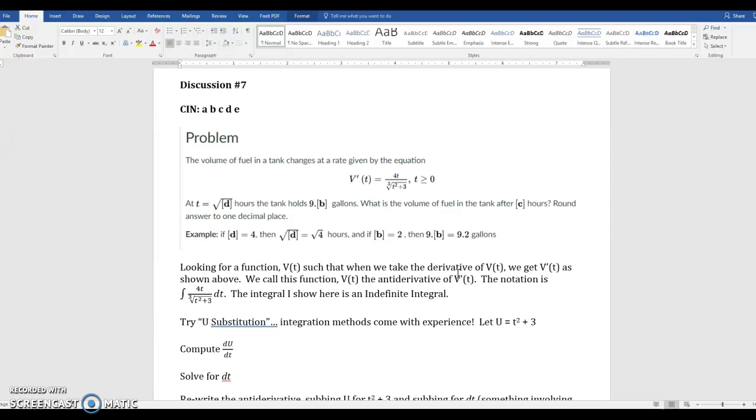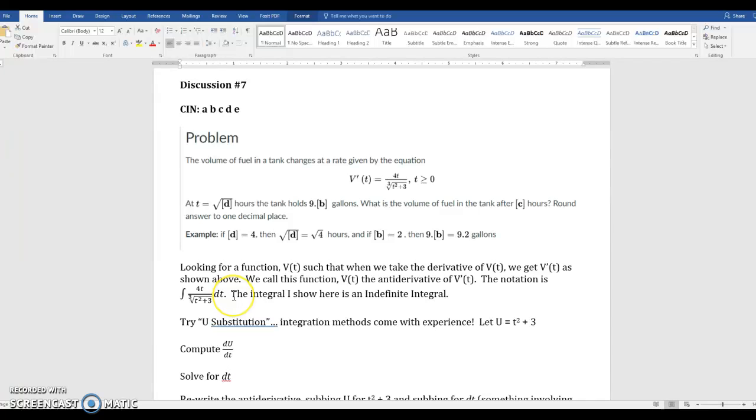I try not to confuse you here, but there is some new lingo. The notation to define it is this integration symbol. What we're going to do is integrate, or find the antiderivative of, 4t over the cube root of t squared plus 3. Notice I have a dt here that in this case denotes that we're integrating with respect to t.